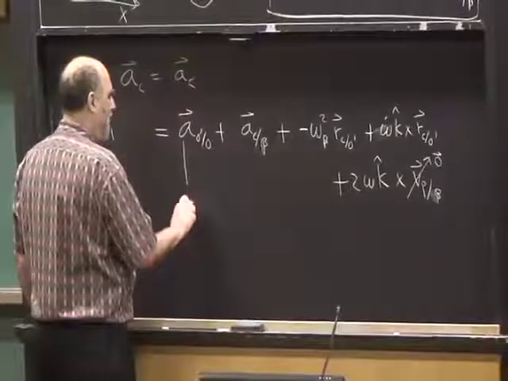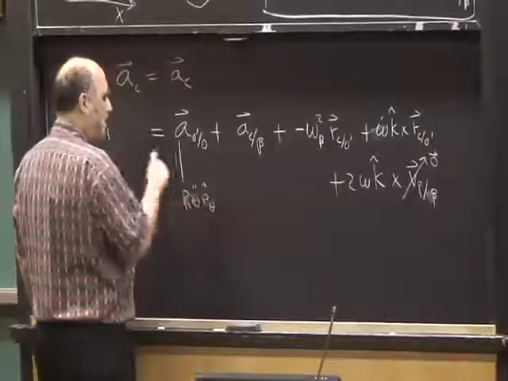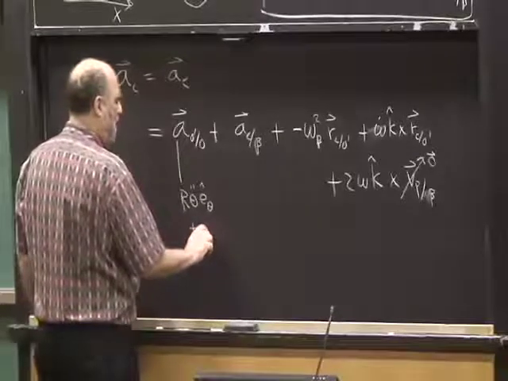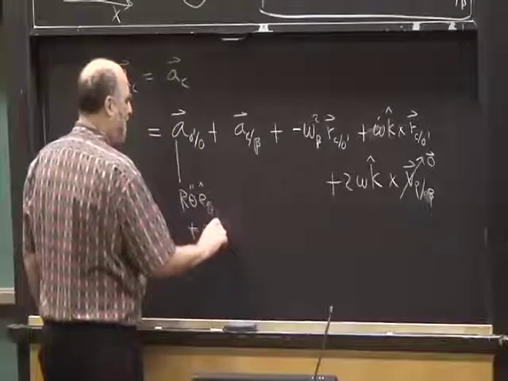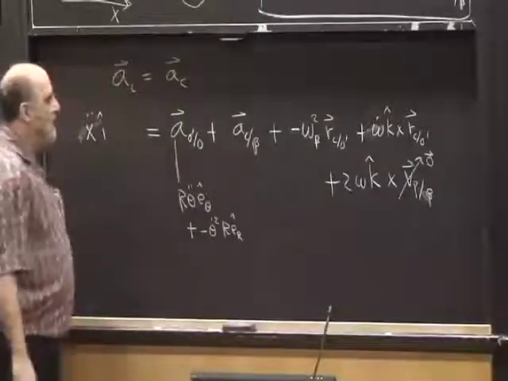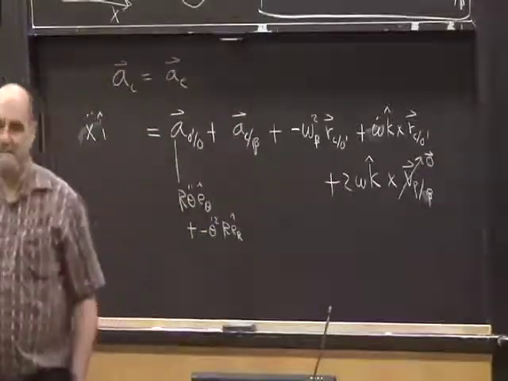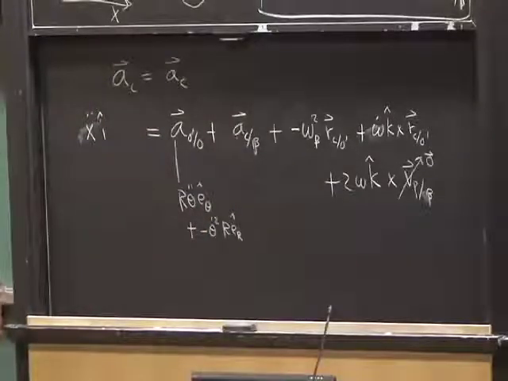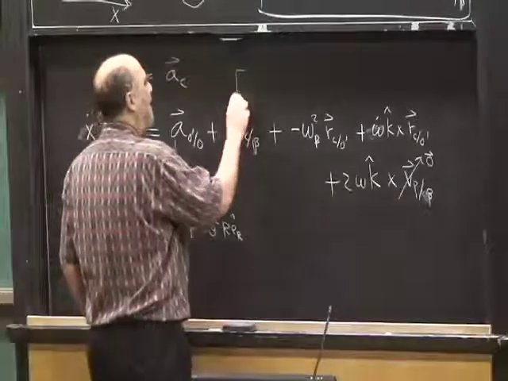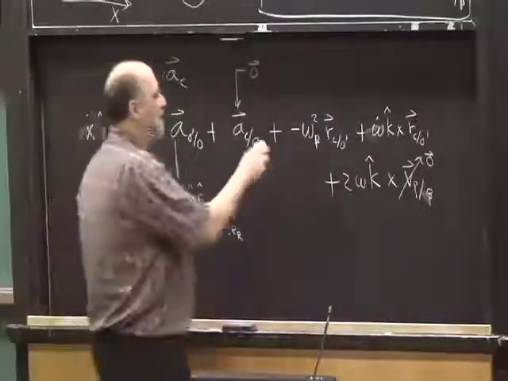That is r theta double dot e theta, because it's going in circles faster and faster, plus a centripetal term, which is minus theta dot squared r e sub r. Well, how about this term? What is that? It's 0. Why is that? Because point C is stuck on that body. That term is 0.